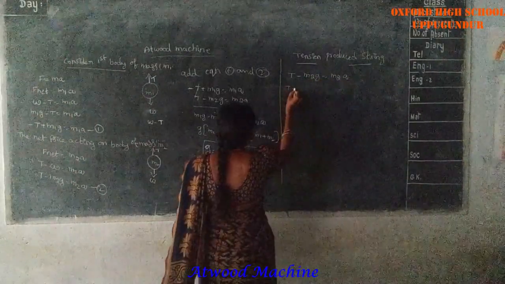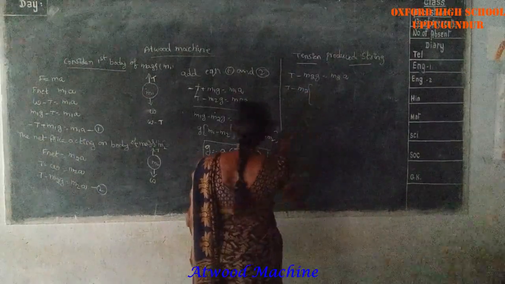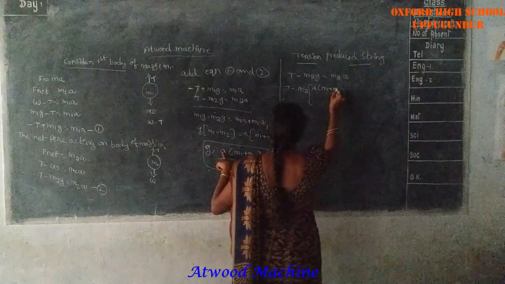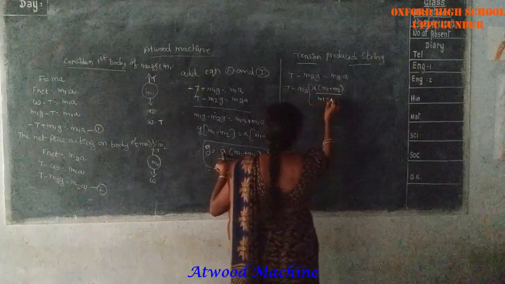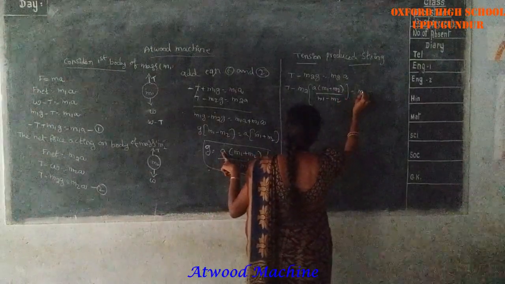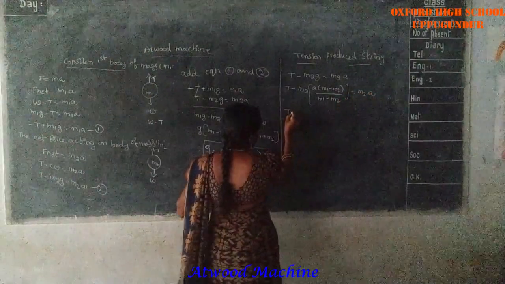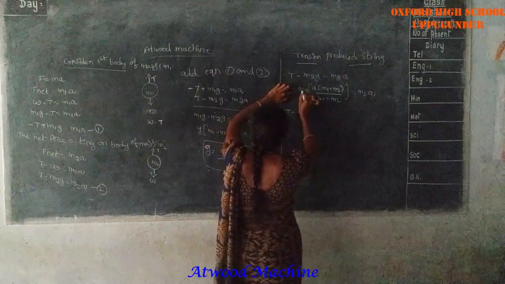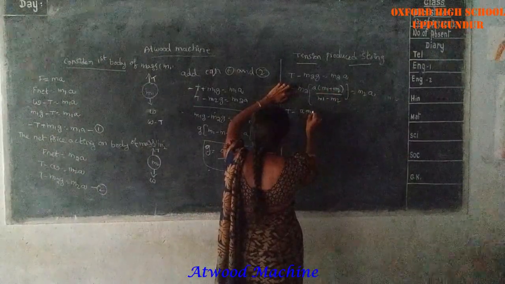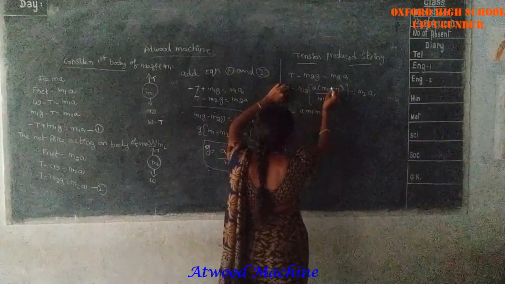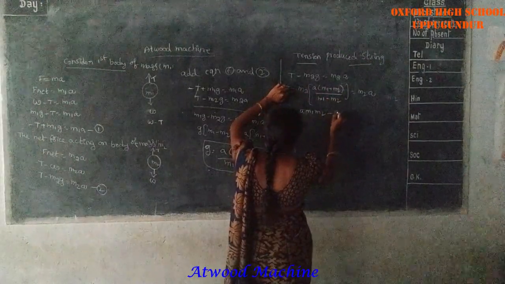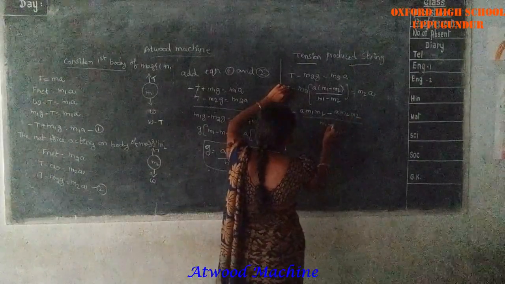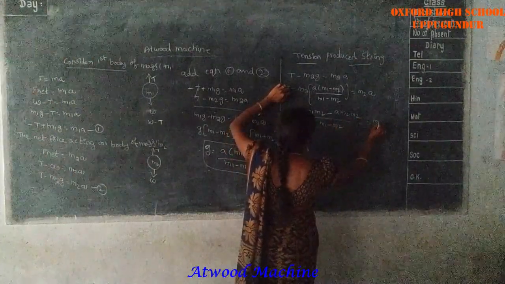Here, in place of G, we substitute A into (M1 plus M2) by (M1 minus M2), so T minus M2 into A into (M1 plus M2) by (M1 minus M2) is equal to M2A. By simplifying this equation, minus A M2 into (M1 plus M2) by (M1 minus M2) is equal to M2A.